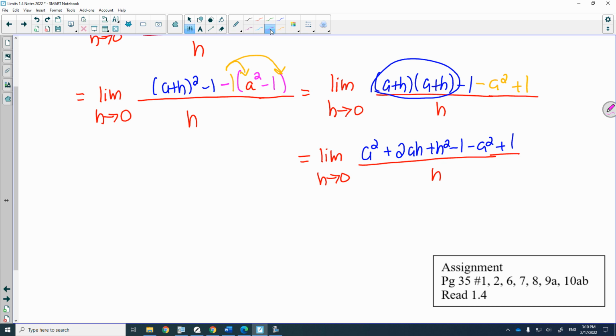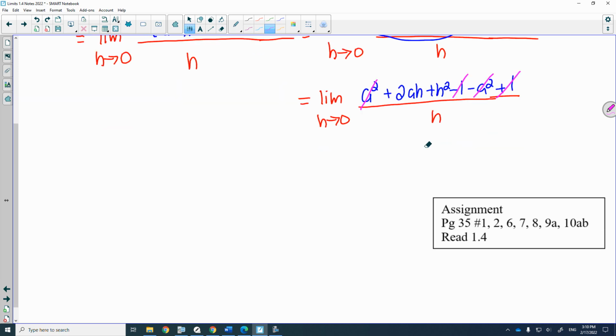So we have an a squared minus an a squared. I've got a negative 1 and I've got a positive 1. I'm left with this, and I'm going to rewrite it as the limit as h approaches 0, but I'm going to factor out an h from the numerator, just so I could save myself a step. So again, this is all that I'm left with.